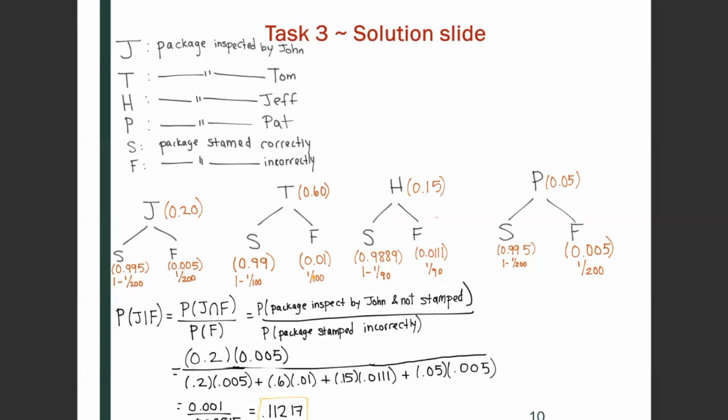So that would be 0.6 times 0.01. And then the same for Jeff, which would be 0.15 times 0.011. And then plus Pat, the probability that Pat inspected it times this 0.005. So when you go and calculate all that math, you would get 0.001 divided by 0.008915, and that will give you 0.11217.